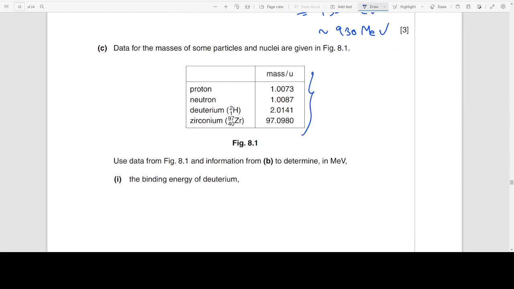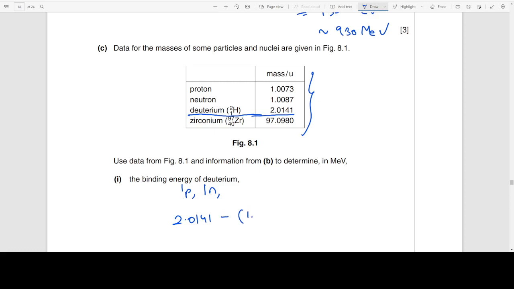Now, using this data, they want us to calculate the binding energy of deuterium. Deuterium is made up of one proton, one neutron, and the mass of the nucleus, the mass of the particle of deuterium is this. So we can just find the change in mass. So 2.0141, the final mass of deuterium nucleus, minus the mass of its individual nucleons.